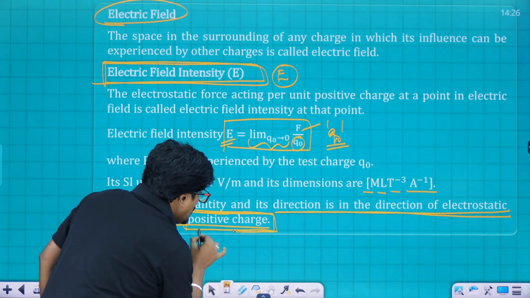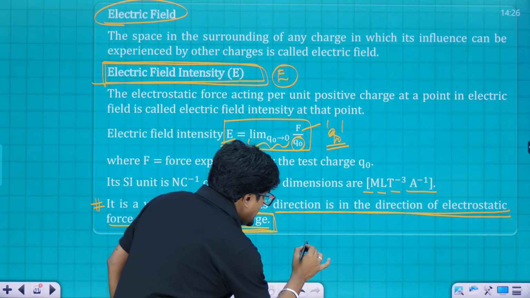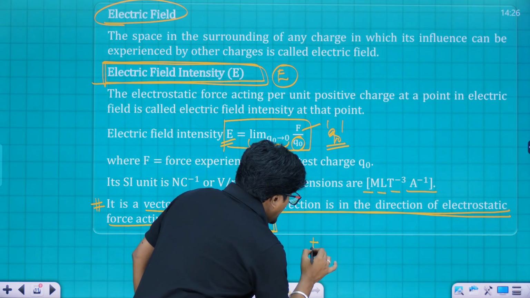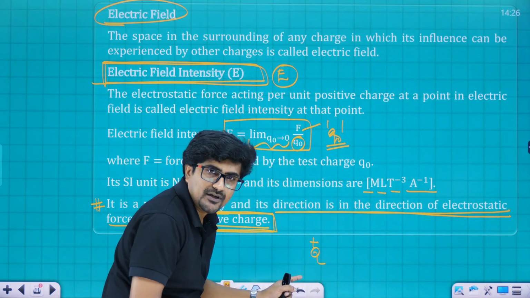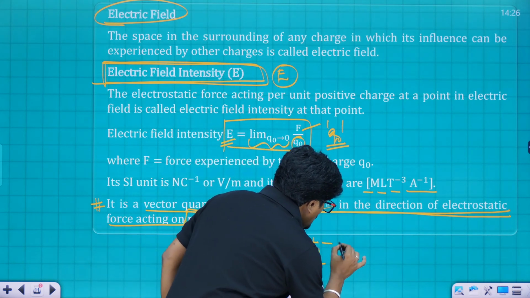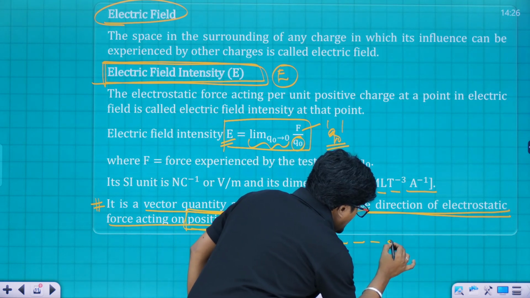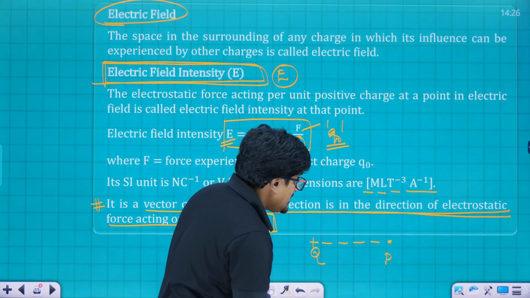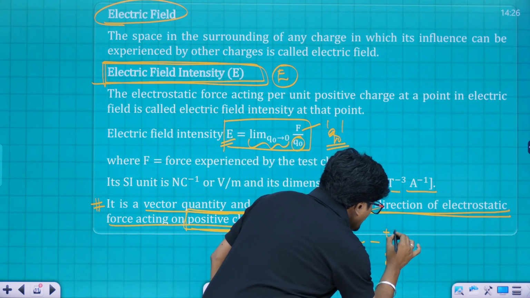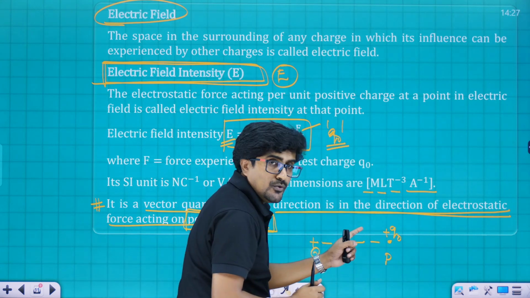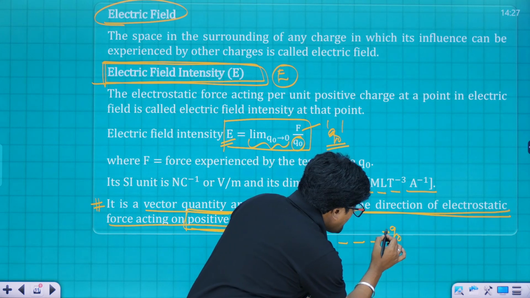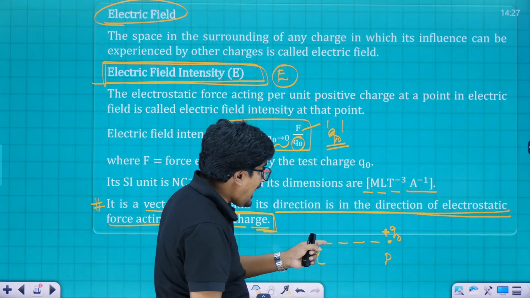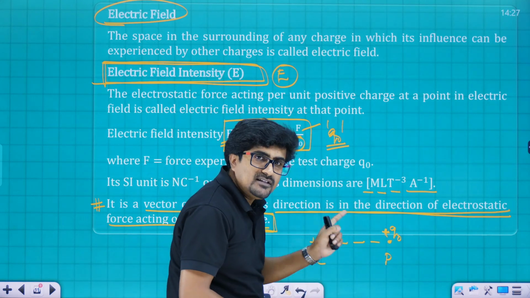What it is? Positive charge, which means if I have got a source charge capital Q here, and you are asking me to find out electric field at P, which means I must leave a test charge q naught which is of positive polarity, and consider the force experienced by this test charge.